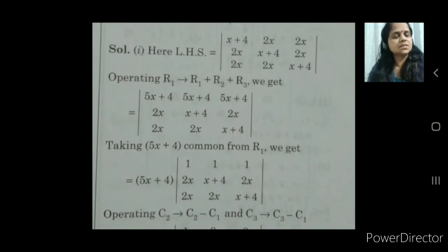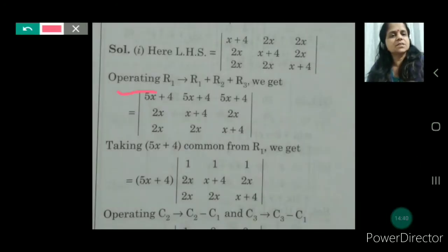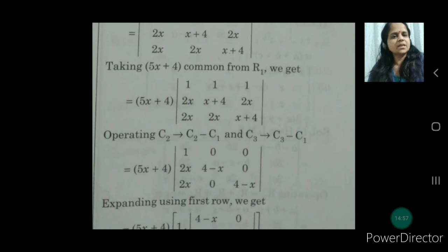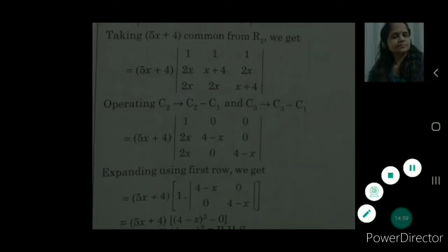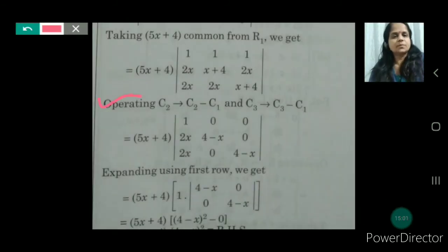Now see 5x plus 4 is common in row 1. So taking 5x plus 4 common from R1 we will get 1 1 1 as the elements of R1, and the 2 rows remain unchanged.